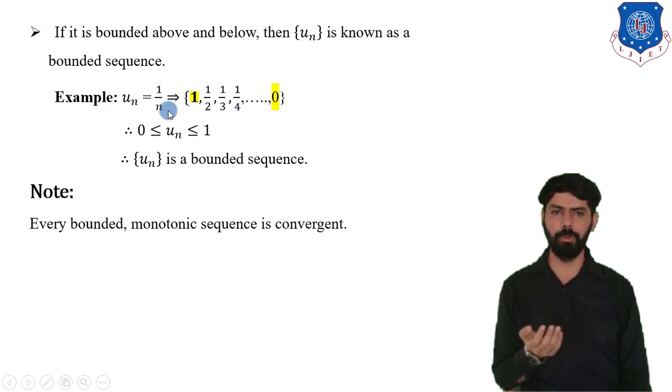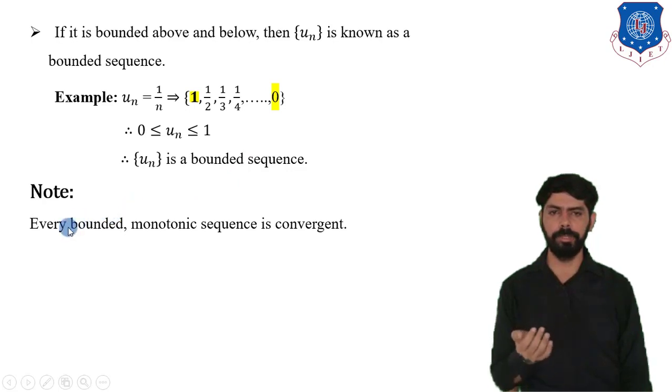If we put n equal to infinity, 1 divided by infinity will be 0. If you look at the terms of the sequence, all terms lie between 0 and 1. Therefore, we can say that 0 is less than or equal to un is less than or equal to 1. Therefore, sequence un is a bounded sequence.